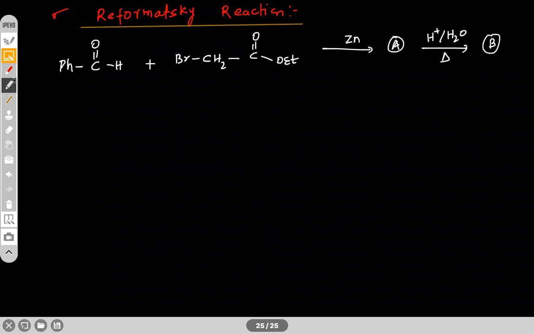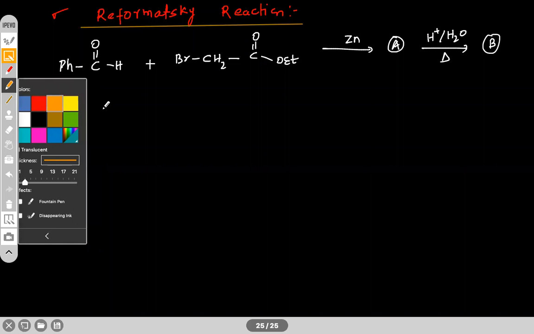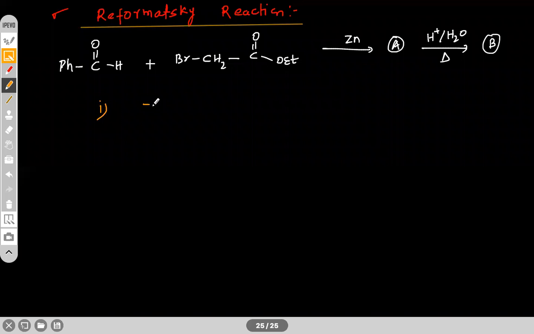Now zinc is what? Zinc is a metal. And what is the property of a metal? Metal gives free electrons in the reaction, okay? 2 electrons. And we know in presence of free electrons, the carbon halogen bond becomes weak.